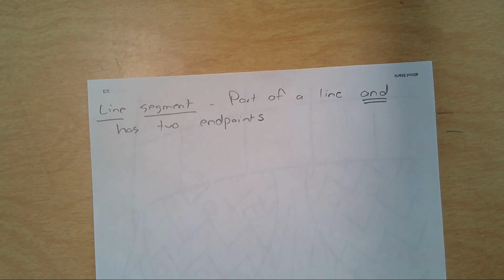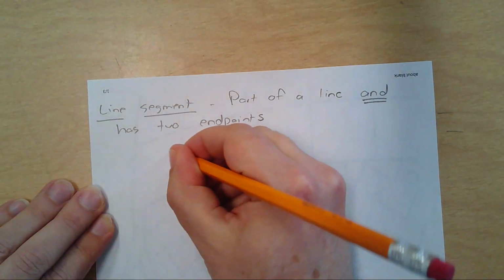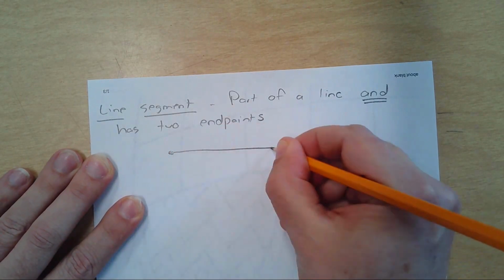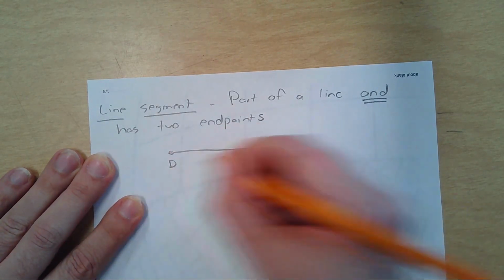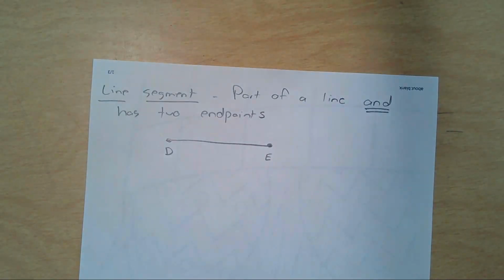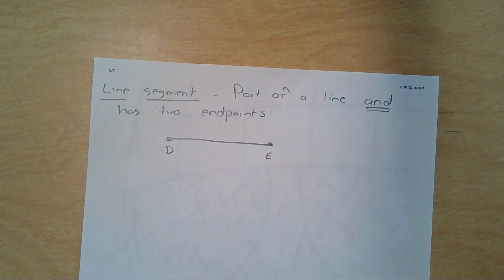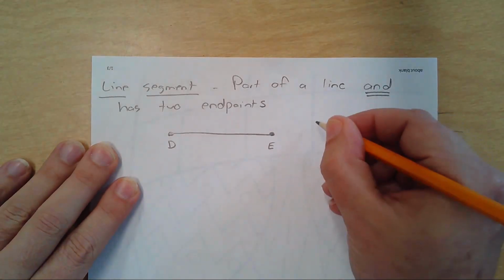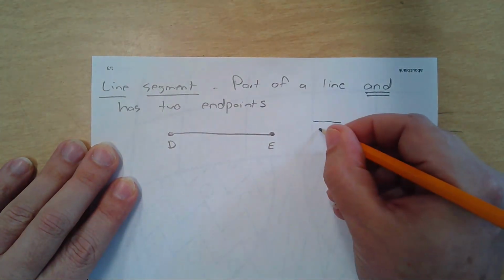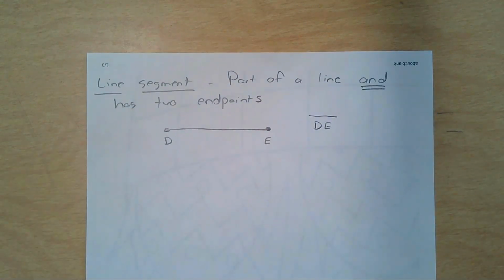So it looks like this. This is a line segment. And it also has a geometric representation where this would be line segment DE. So to represent a line segment, you just draw a line segment, such as that.